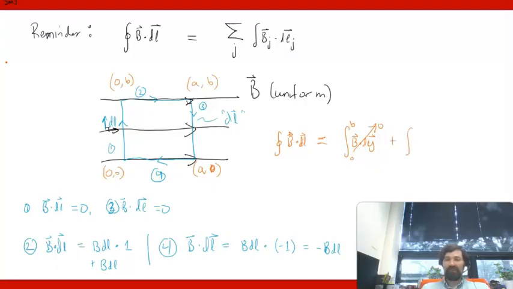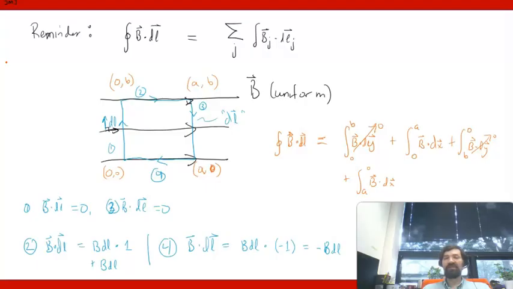And then from essentially 0 to A of B dot dx, and then an integral from, again, B to 0 or 0 to B of B dot dy, and again this term is 0, plus this integral from A back to 0 of B dot dx.